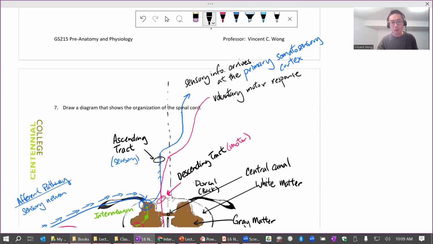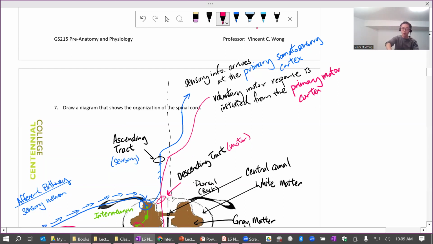The voluntary motor response is initiated from the primary motor cortex. And the information goes back down the descending tract, usually at the front of the spinal cord, and then it exits at the appropriate section so that it can affect the effector, right?